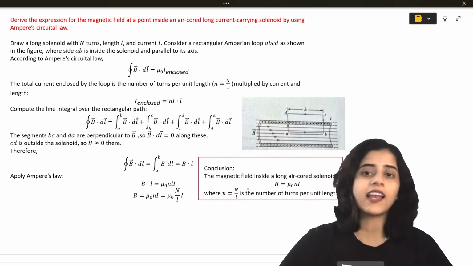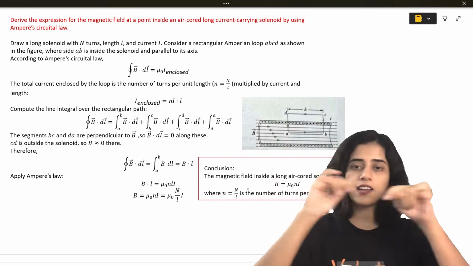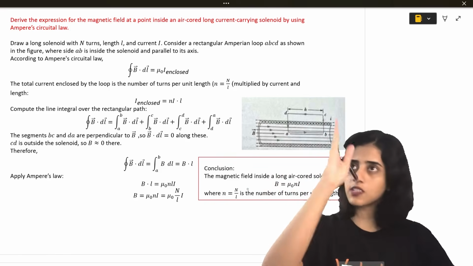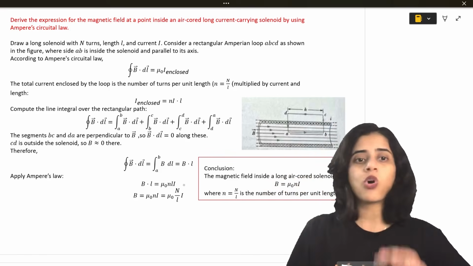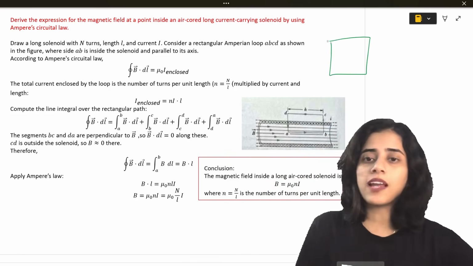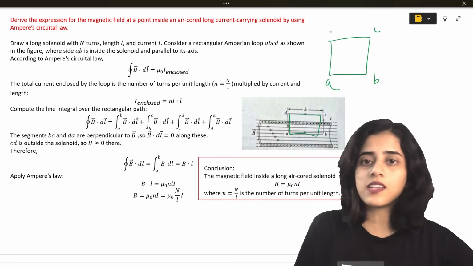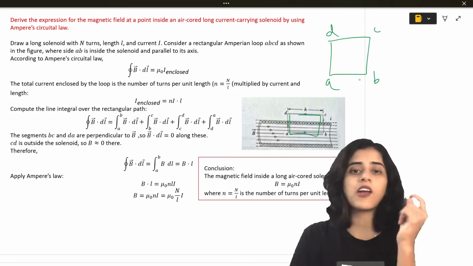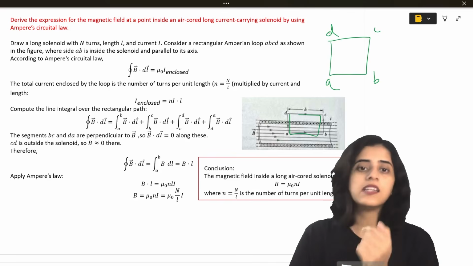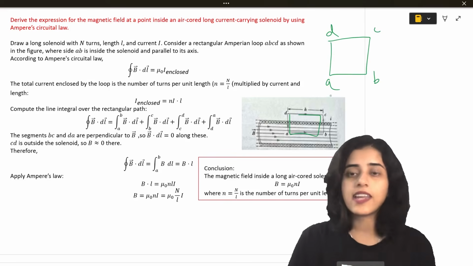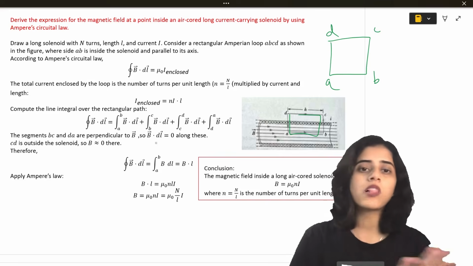So that's a small rectangular element. If I take my element like this, there's A, B, C, D. So there's magnetic field along AB, BC, CD, and AD. All the 4 you have to take.